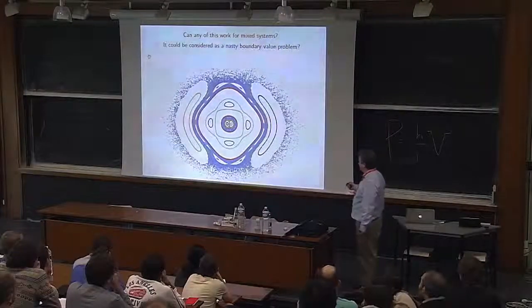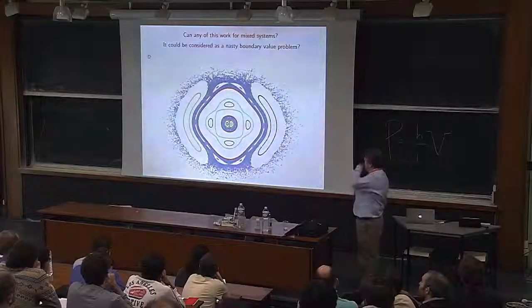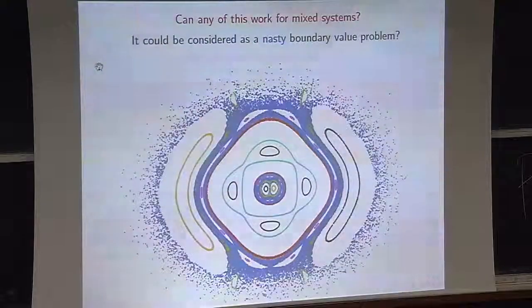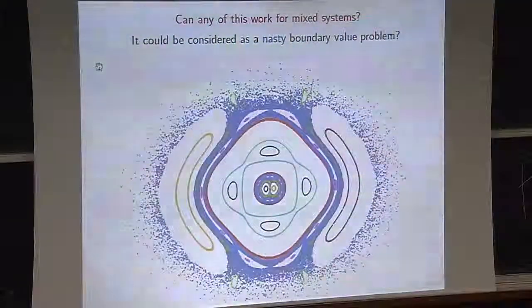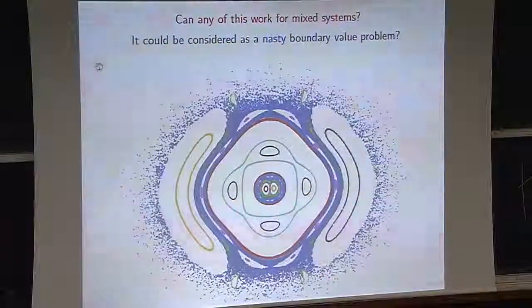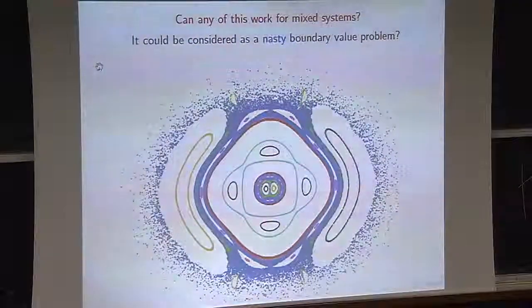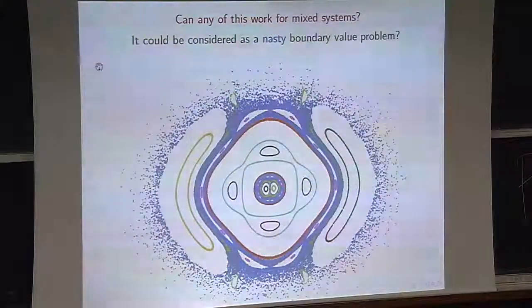But the blue set is the chaotic set. It's an invariant set. So the vector field is tangent to the boundary of that blue set, okay? But that boundary, of course, is very nasty because it has all tori, on any level, on any scale.